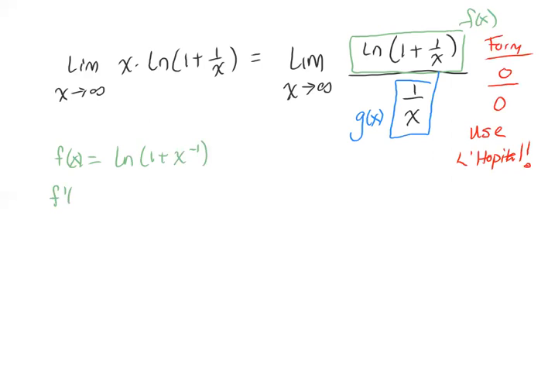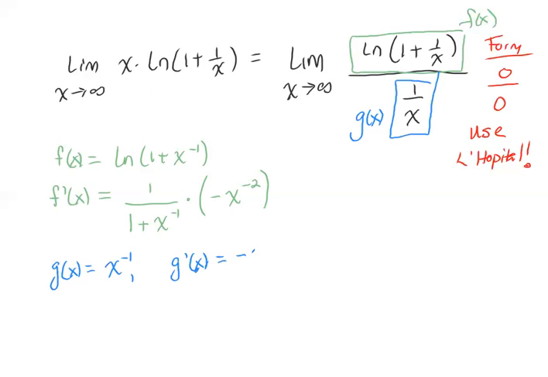Therefore, f prime is equal to 1 over whatever's inside the logarithm, 1 plus x to the negative 1, times the derivative of what's inside, which is 0 plus a negative x to the negative 2 power. I'm actually just going to leave it like that and not simplify it. If g of x is equal to 1 over x, which is x to the negative 1 power, that means g prime of x is equal to negative 1 x to the negative 2 power.